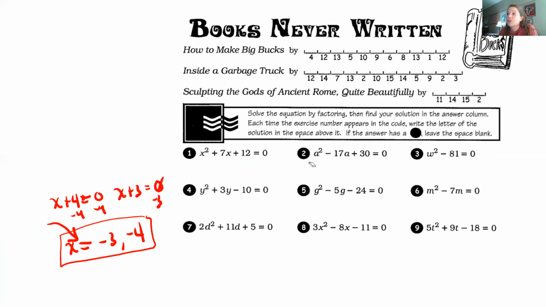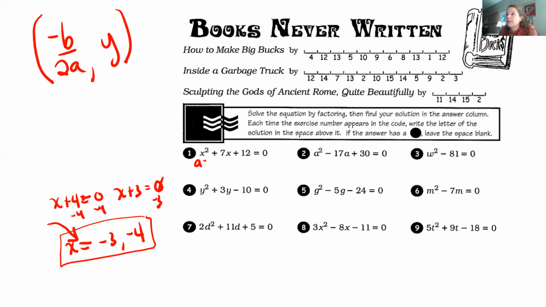Not only are you giving me what the x values are, I want you to also tell me what the vertex of this would be by using -b over 2a. You're going to find out the x value, and then you're going to plug in to get the y value. Okay, so let's do it on number 1.